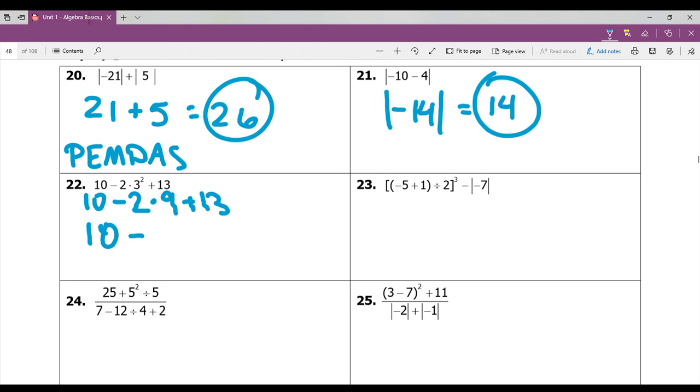So 10 minus 18 plus 13. There's no division. I have a subtract and an add, so I'm just going to go in order because it does not matter which one comes first. 10 subtract 18 is negative 8. Negative 8 plus 13 should be 5.